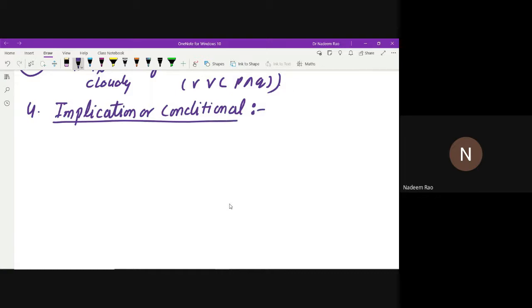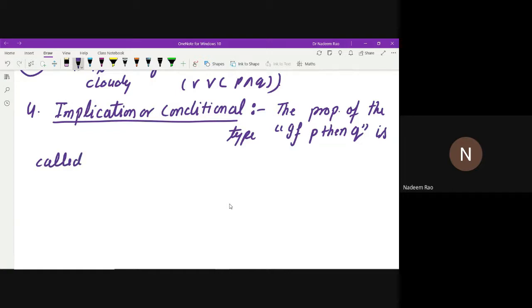So the proposition of the type if P then Q is called conditional proposition.